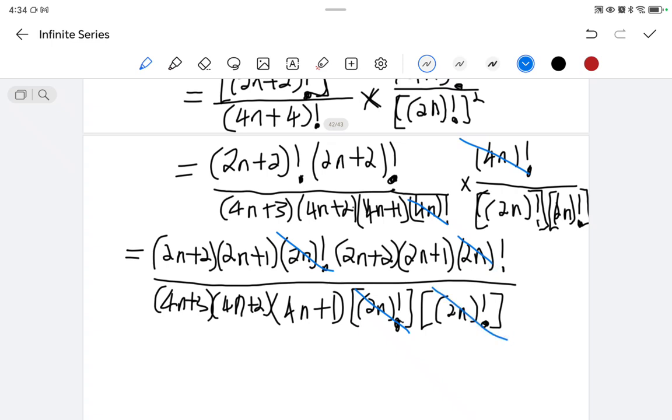So anything that is a factorial, I'm cancelling out. You see, right? Anything that is a factorial, I'm cancelling it out.